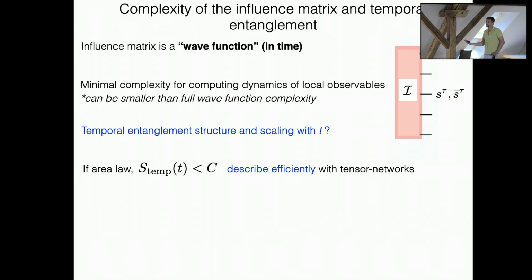And one natural way to try to understand and probe it is to study the scaling of temporal entanglement with the evolution time that you're looking at. In particular, we can expect that if this scaling is favorable, for example, if there is an area law for temporal entanglement, we can describe it efficiently using tensor networks, applying ideas from DMRG and matrix product states and all that very nice technology.